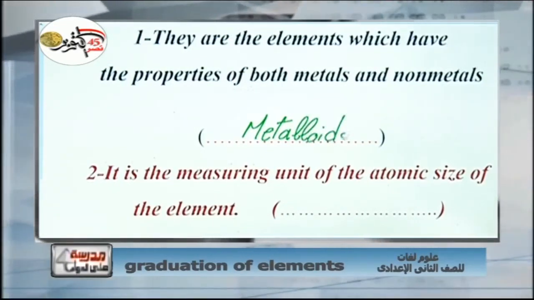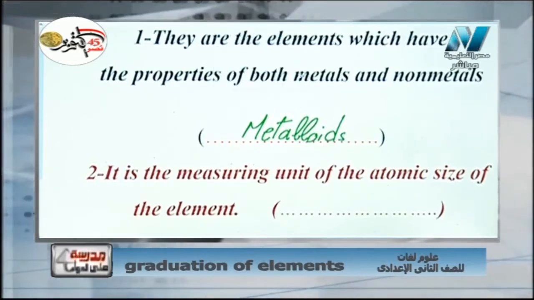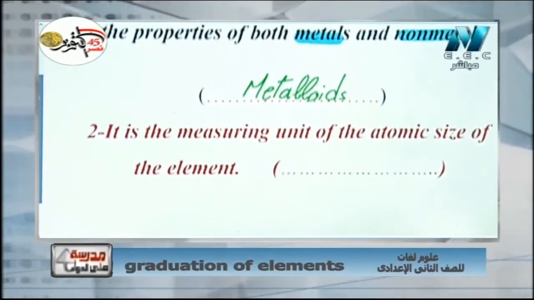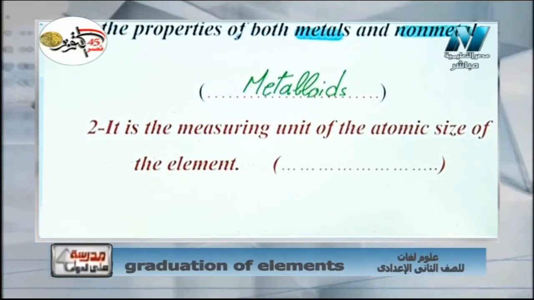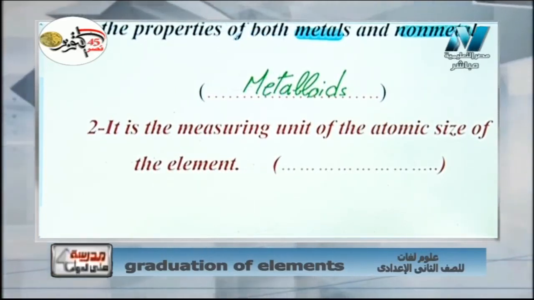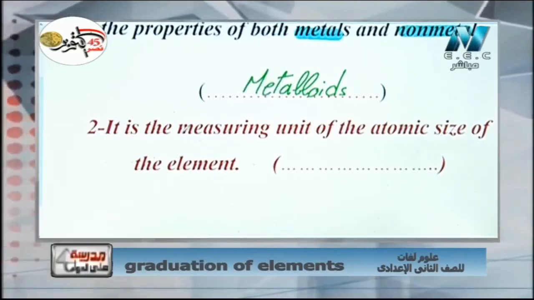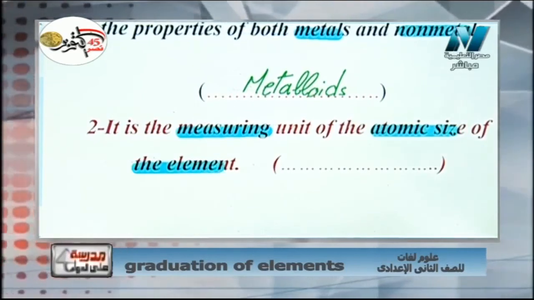Metalloids have the properties of both metals and non-metals at the same time, like, for example, silicon.